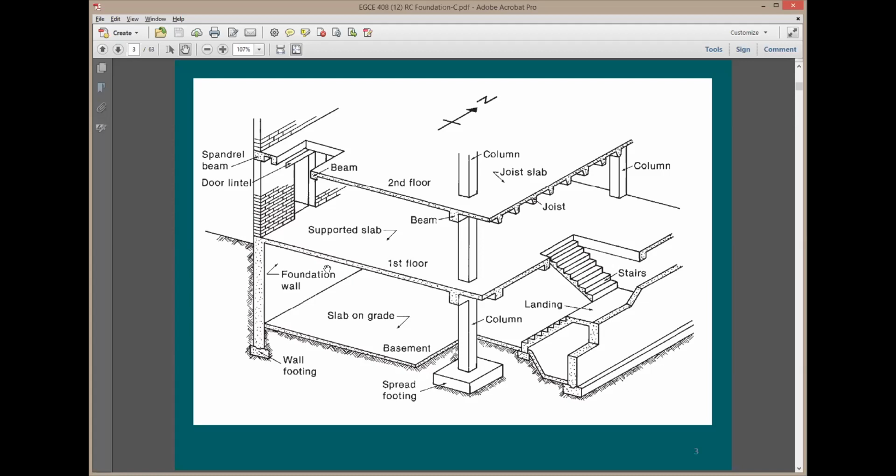So when it comes to the soil, you need to find out the allowable soil bearing pressure to find out the size of the footing. Size of the footing means the length by the width. Because the contact pressure between the footing and the soil is going to be equal to the column load divided by the contact area between the soil and the footing.